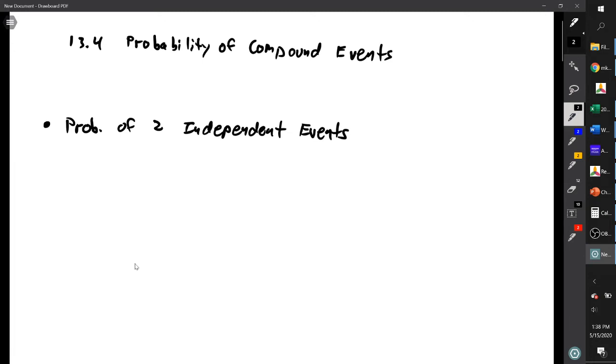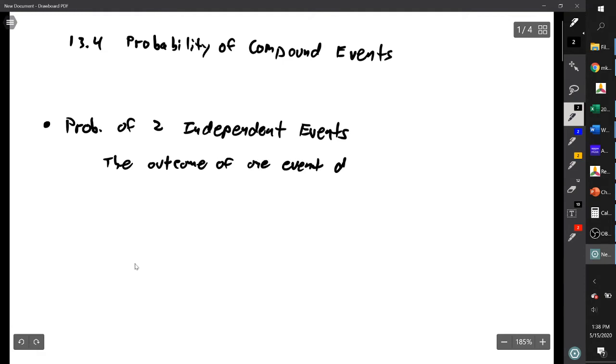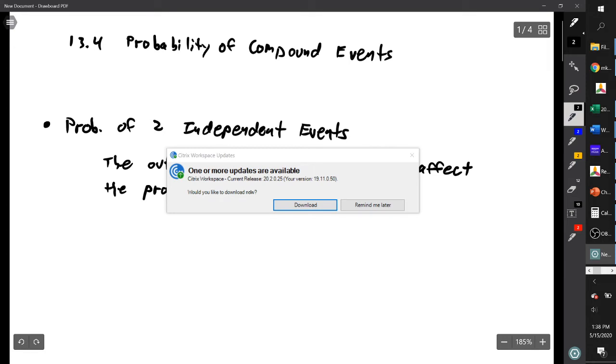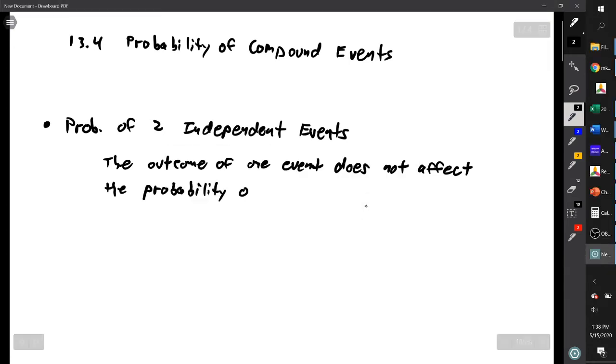So what we could say is the outcome of one event does not affect the probability of the second event.